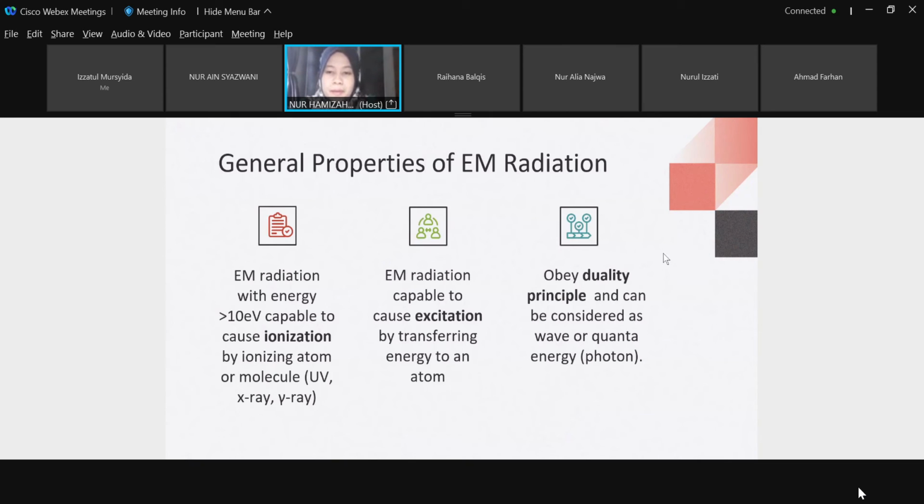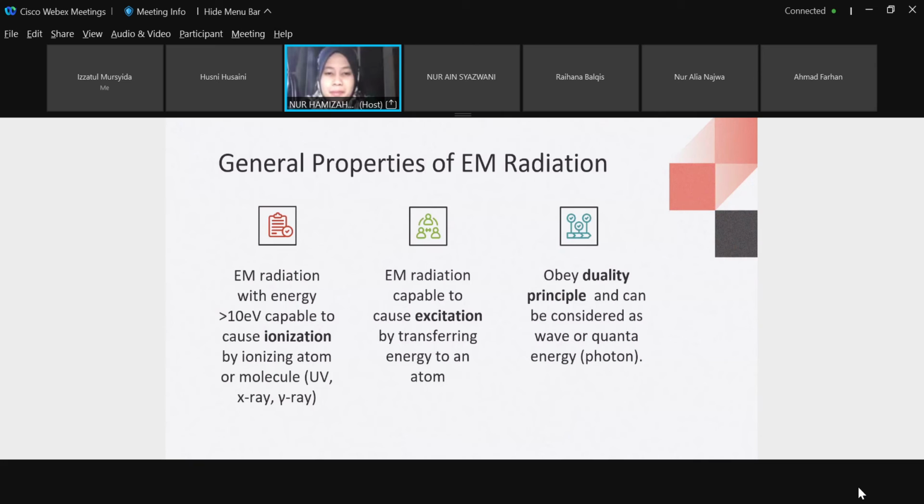Okay, Husni. Any idea about ionization or excitation? Ionizing carries enough energy to remove an atom. It removes what? Remove the electron. Electron. Okay, correct. Alright. Excitation?